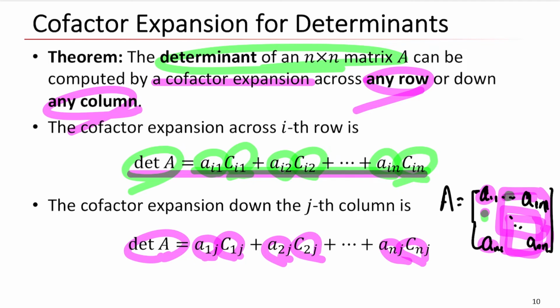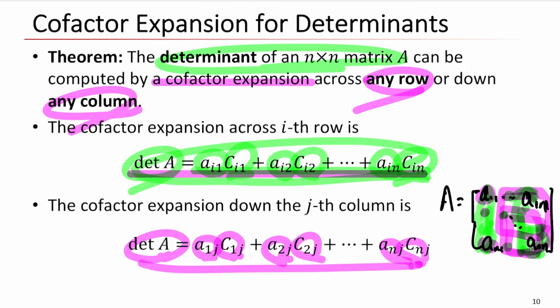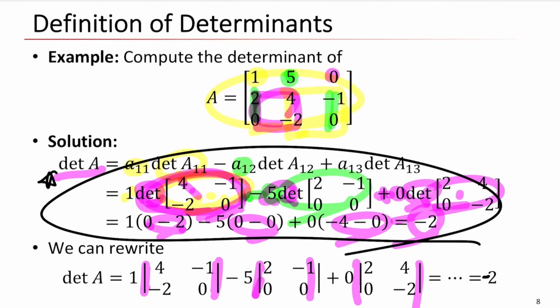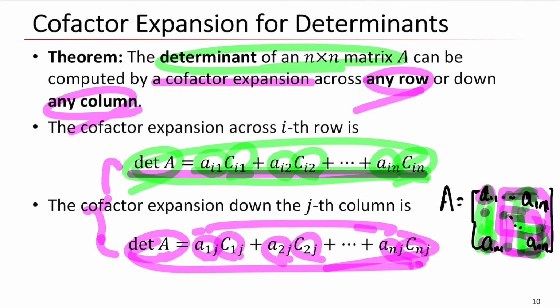So rather than using the row-first way, we can also compute the determinant using any column. This generalizes the operation using the cofactor concept.